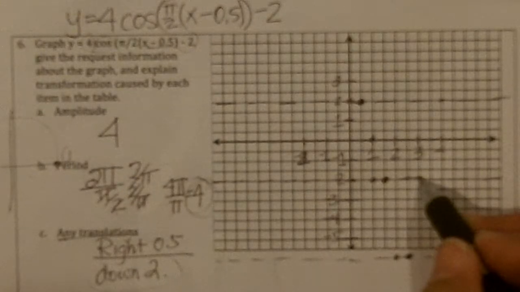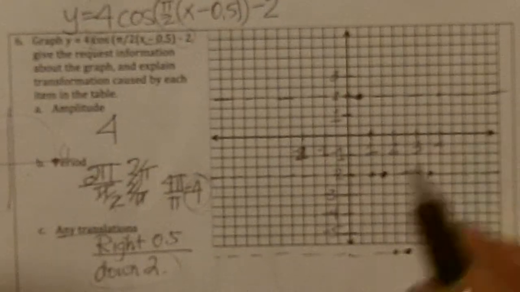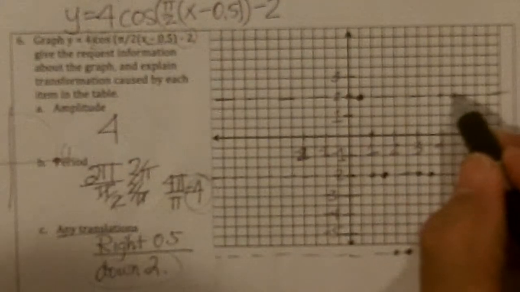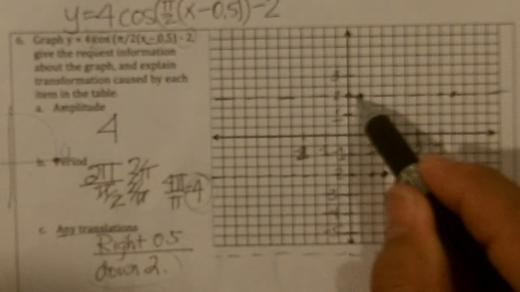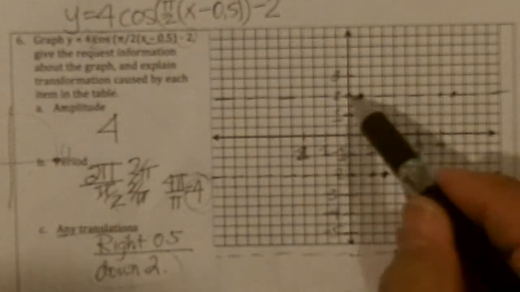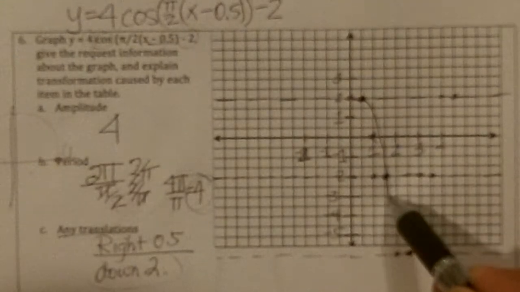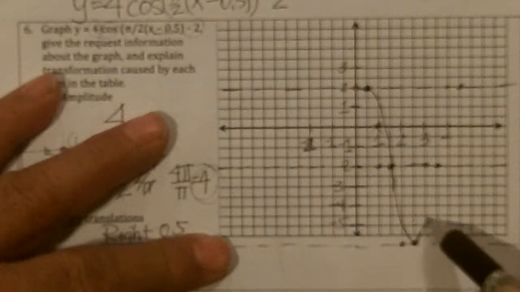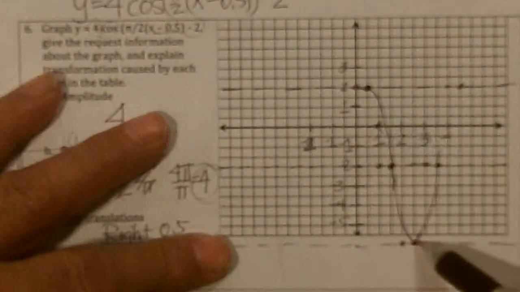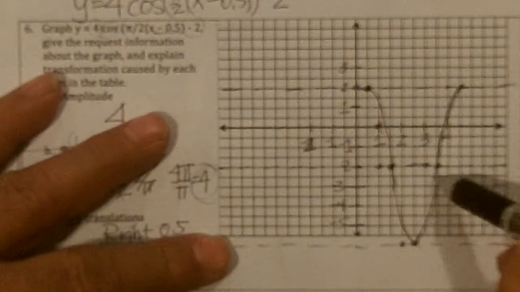Not back on the center line at 3, but 3.5. And not back at the top at 4, but 4.5. Each one of those is 0.5 over. So I should be drawing it down through the center line, down to the bottom, back up through the center line, and I should see each of those 5 points.